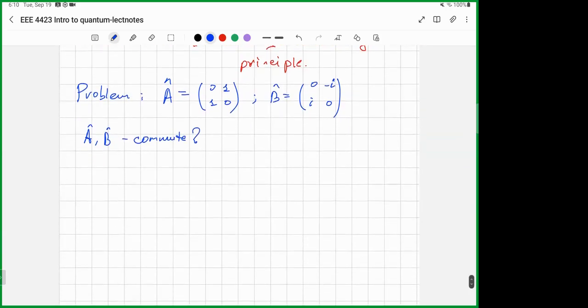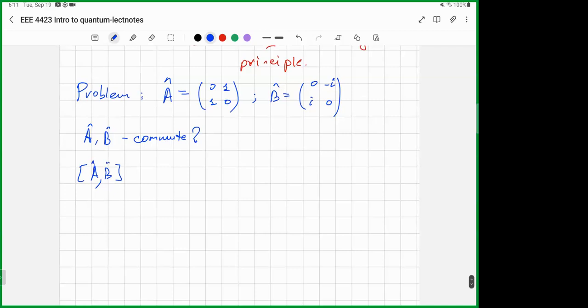Okay, so in order to check if two operators commute, we need to check the commutator, which is AB minus BA, and check its value. If it's 0, then the two operators commute.